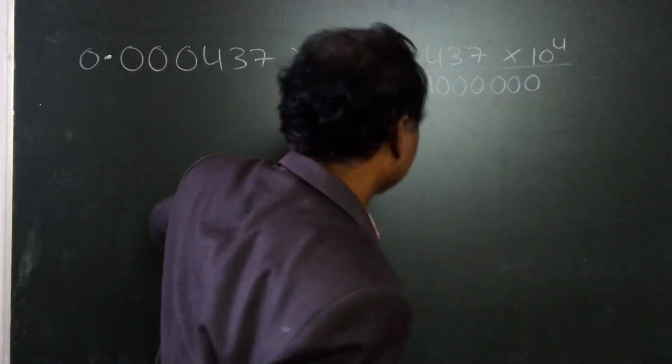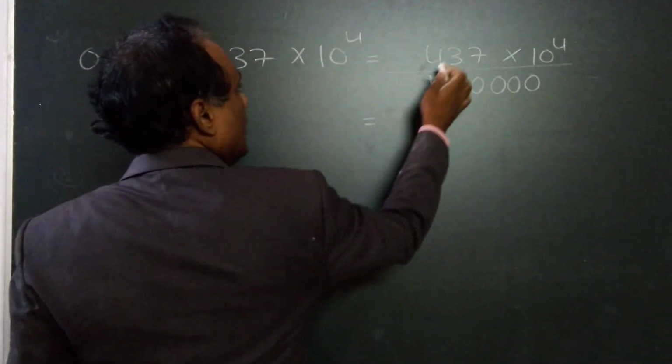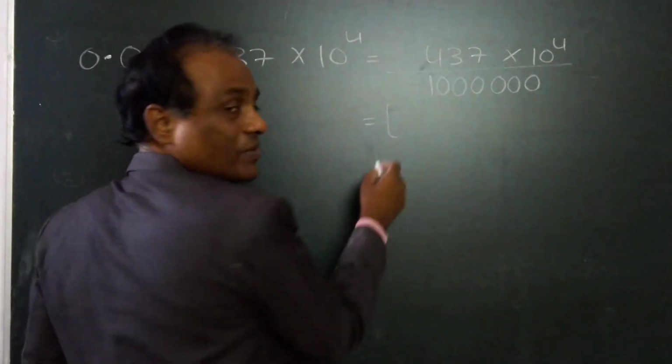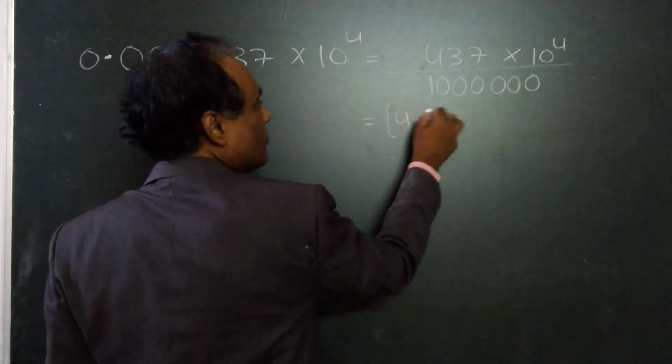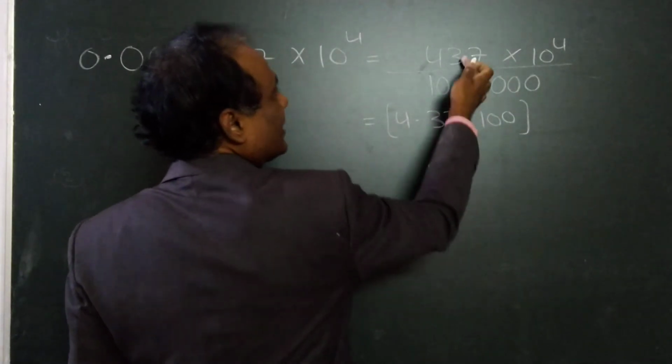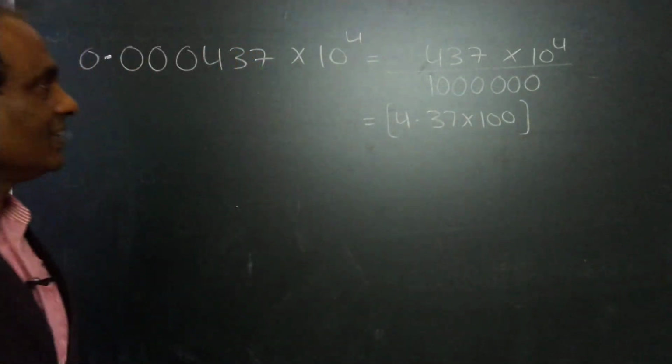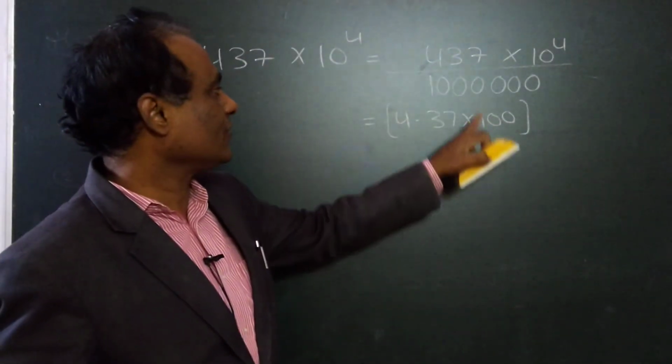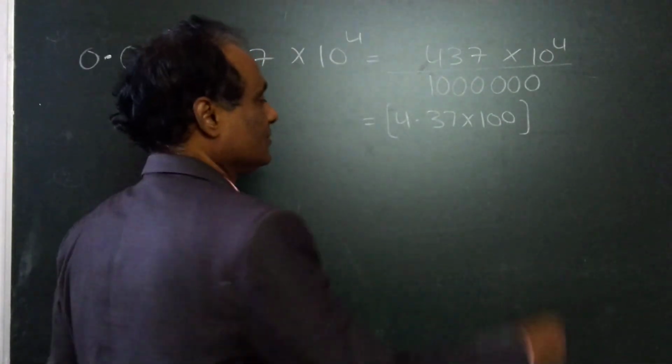Now, but the decimal should be after 1 digit. So 4.37 into 100. 4.37 into 100 is 437. 4.37 into 100 into 10 to the power of 4 by 10 to the power of 1, 2, 3, 4, 5, 6.